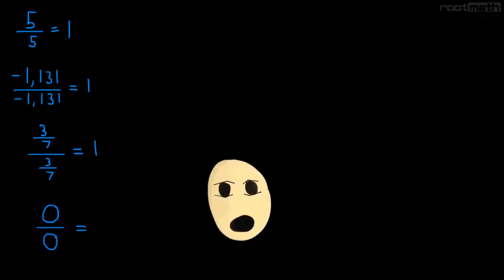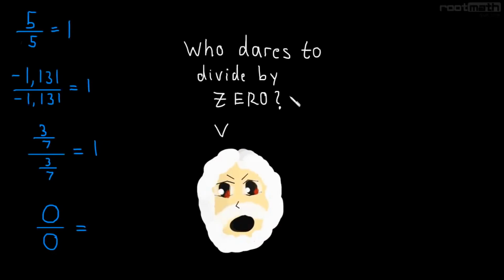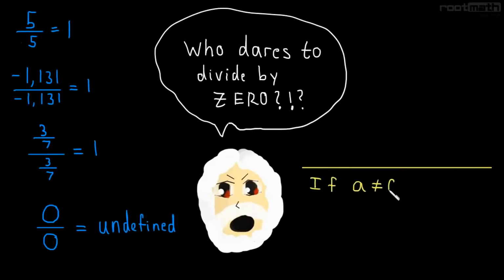This is the only exception, and it's because we can't divide by 0. If we tried to divide by 0, the universe would split open and your mother would cry. It just would be terrible. So 0 divided by 0 is undefined, and that's the only exception. So we end up with this nice little rule. If a is not equal to 0, then a divided by itself is equal to 1.